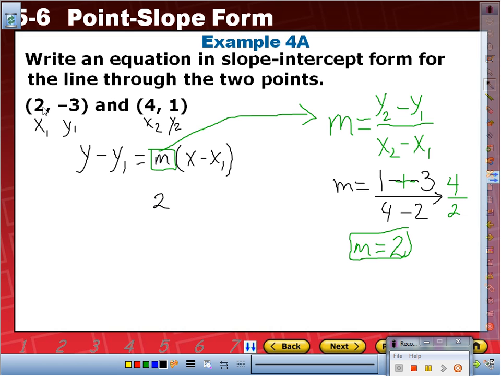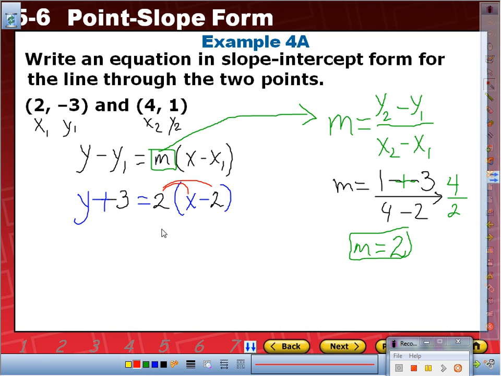What is x sub 1? 2. What is y sub 1? Negative 3. Bring everything else down. The y, what else? Minus, the equal sign, parentheses, x, minus, parentheses. Negative times a negative becomes a positive. Okay, let's distribute that.